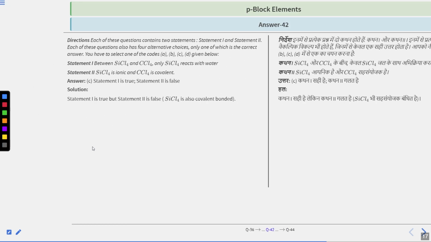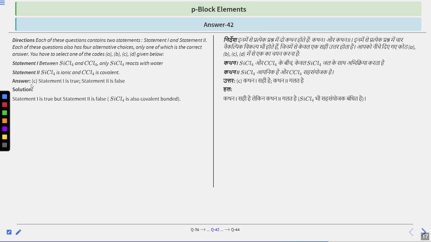Okay, let's see. So the correct answer is option C, that is statement 1 is true and statement 2 is false. Statement 1, between SiCl4 and CCl4 only SiCl4 reacts with water, is a true statement. But SiCl4 is ionic and CCl4 is covalent, this is not the correct statement.